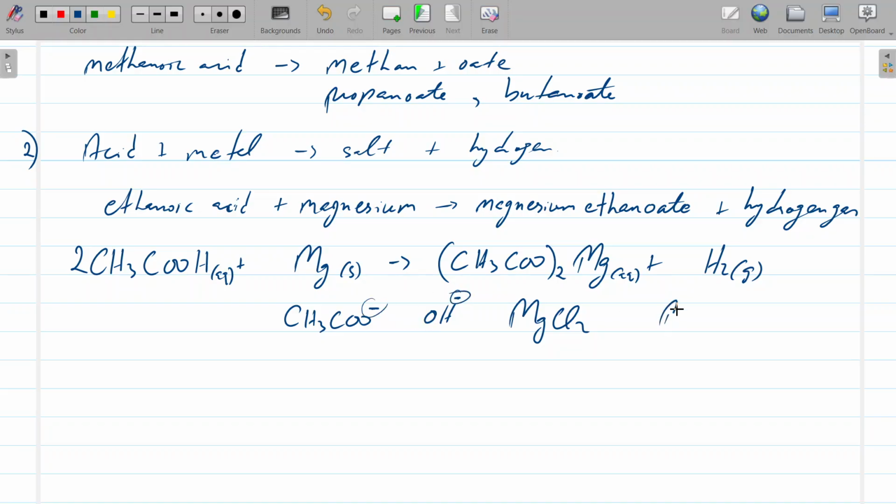Just like you got Mg(OH)2, which is obviously an alkali. In this case, this is a salt. Cl obviously has a single negative charge, and so you got MgCl2. So this whole thing twice is similar to MgCl2. That's just adjusting the oxidation numbers.